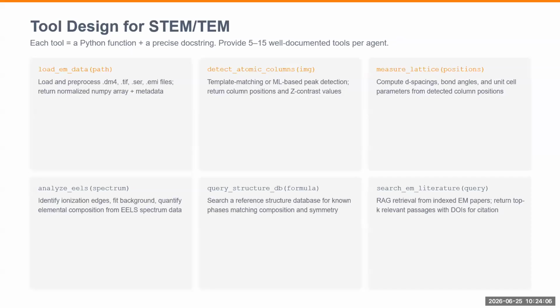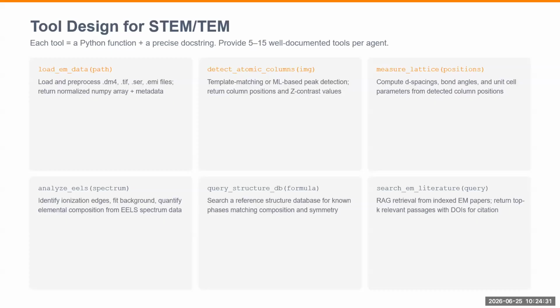So I'll go into tool design for STEM or TEM. When we are creating tools, you need to define them in specific ways. For example, when we are creating this MCP server with all our tools, we need to create 5 to however many well-documented tools per agent.